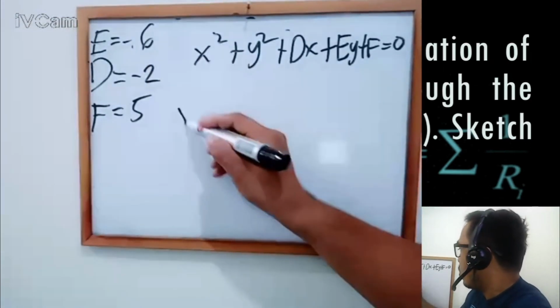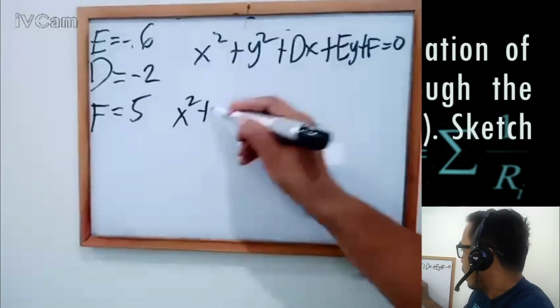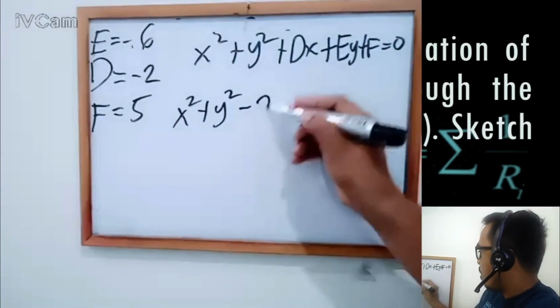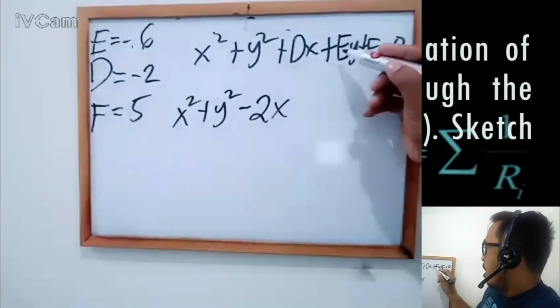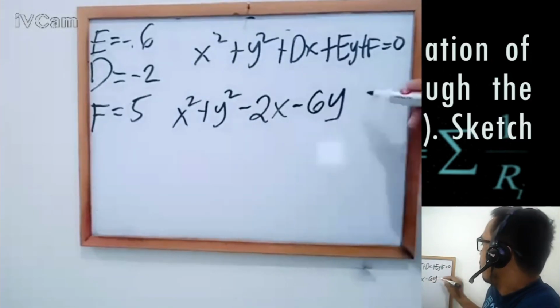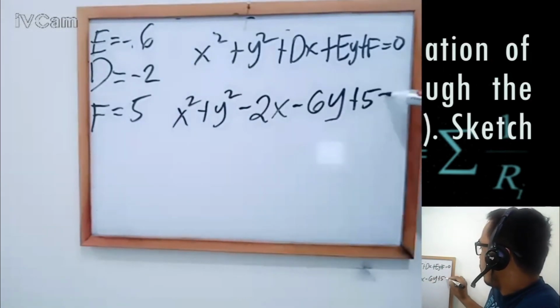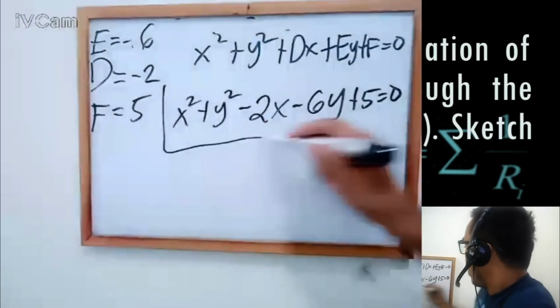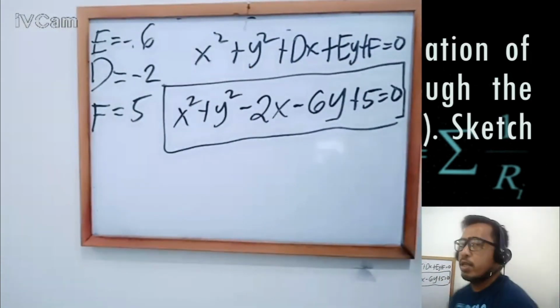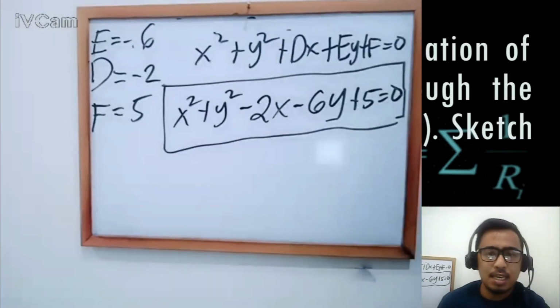So the equation we are looking for is x squared plus y squared. Our d is negative 2, so you have negative 2x. Our e is negative 6, so you have negative 6y plus our f, which is 5. This is now the equation of the circle that passes through the points A, B, and C.